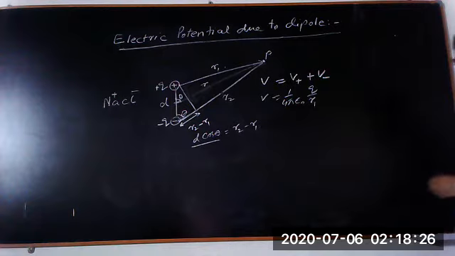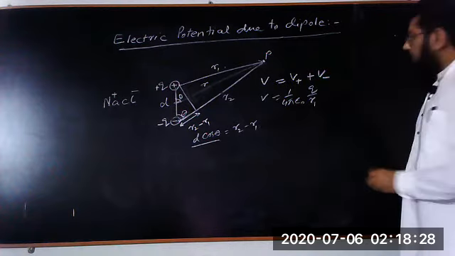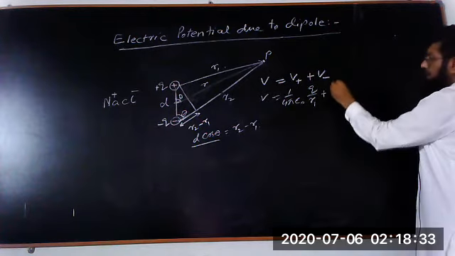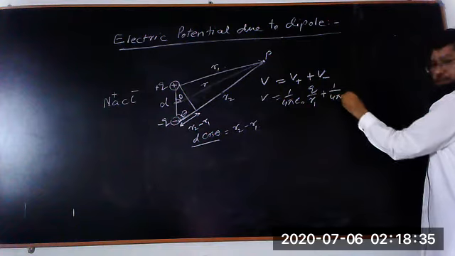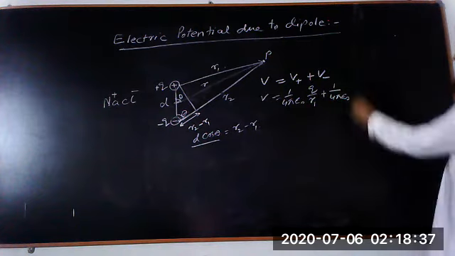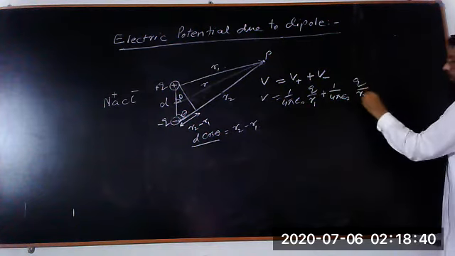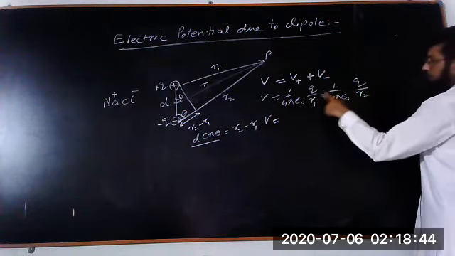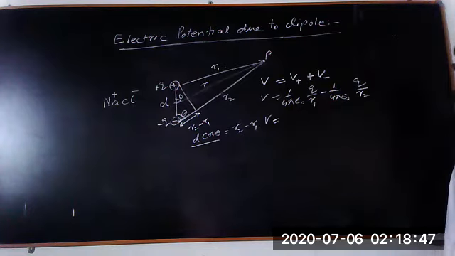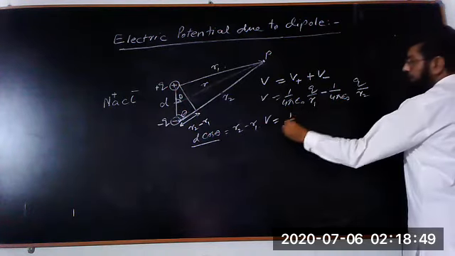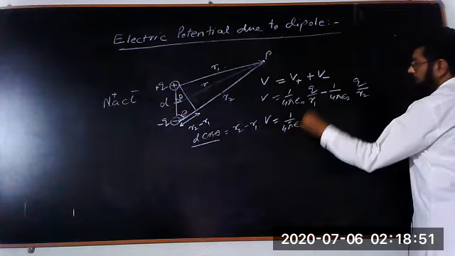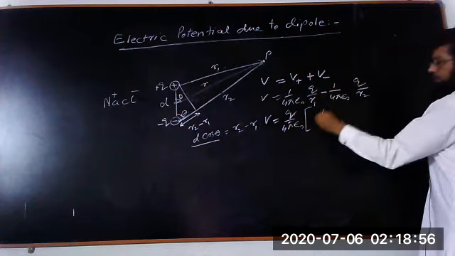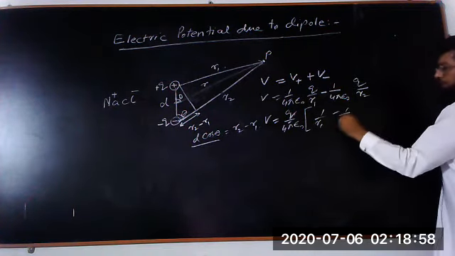The potential due to the negative charge is minus 1 upon 4 pi epsilon naught Q upon R2. So 1 upon 4 pi epsilon naught is common, and Q is common and can be taken out. So this is 1 upon R1 minus 1 upon R2.